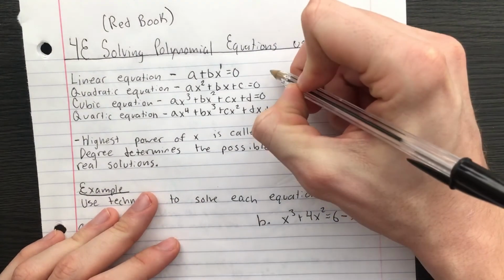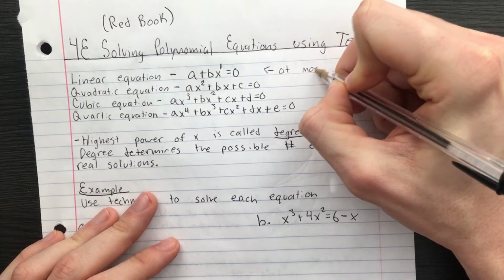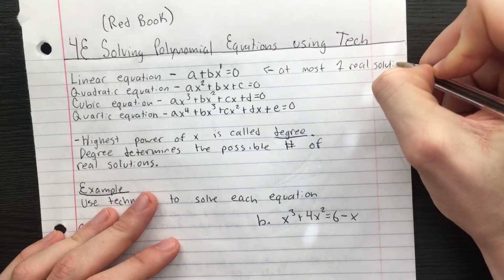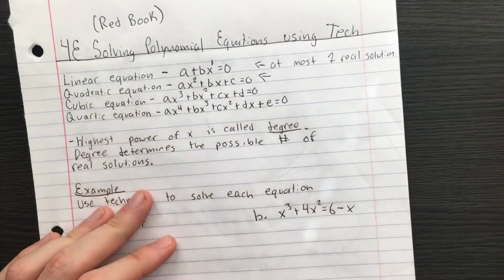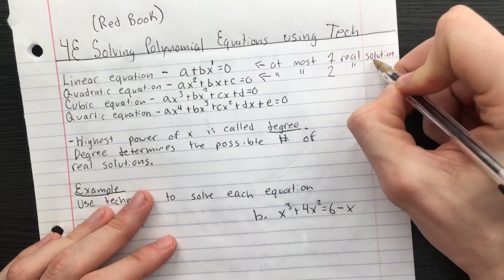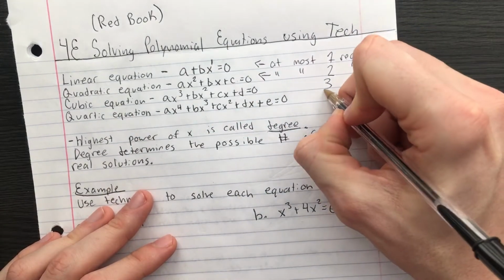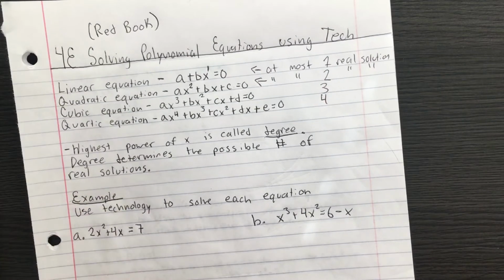So for example, a linear equation, a degree 1, has at most one real solution. It only crosses the x-axis at most one time. A quadratic can have, I'm just going to use some ditto marks, at most 2 real solutions here. A cubic can have at most 3. A quartic can have at most 4, and so on and so forth.